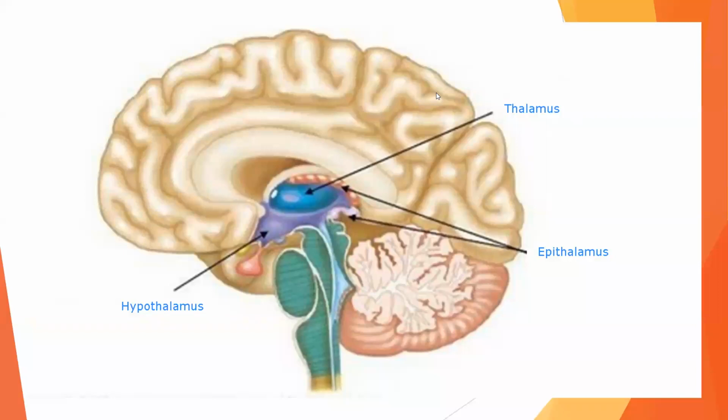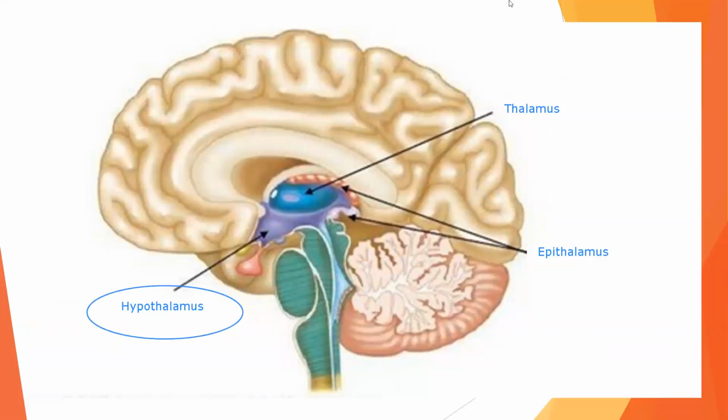And of course, in contrast to your hypothalamus, your prefix epi means above. The organs pointed on your screen are above the thalamus, thus they will be called epithalamus. However, for the discussion of the endocrine system, we will be focusing more on the hypothalamus.